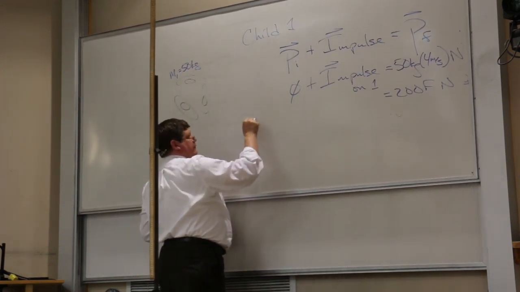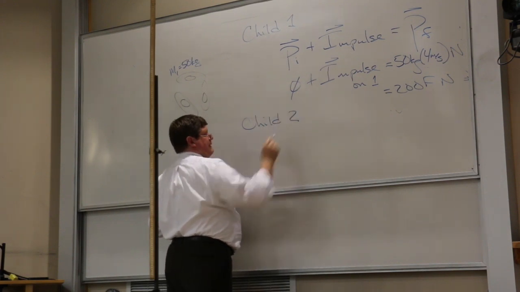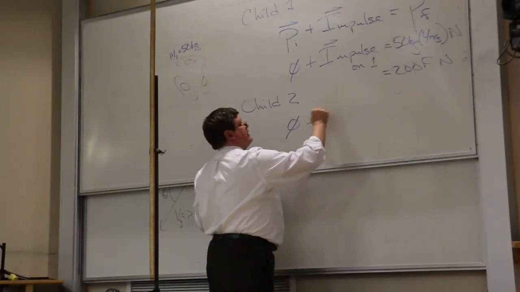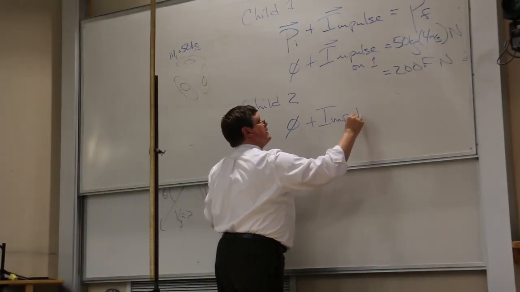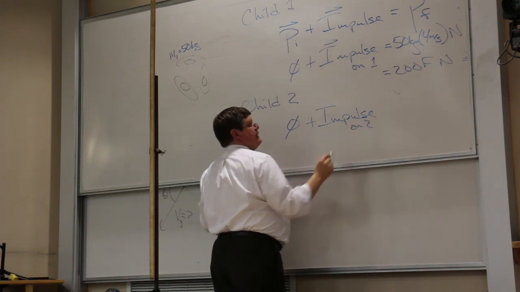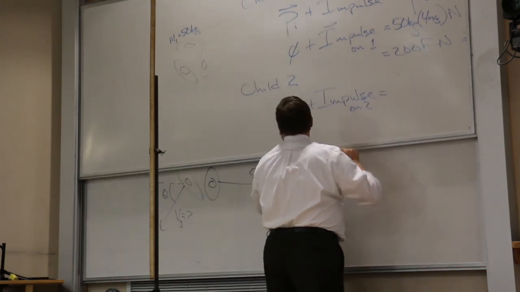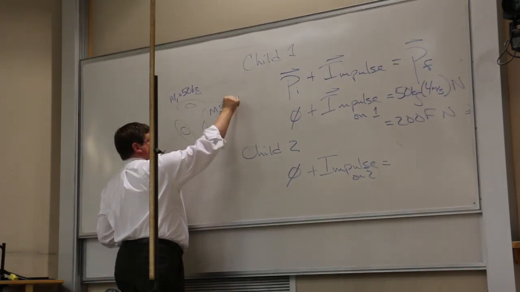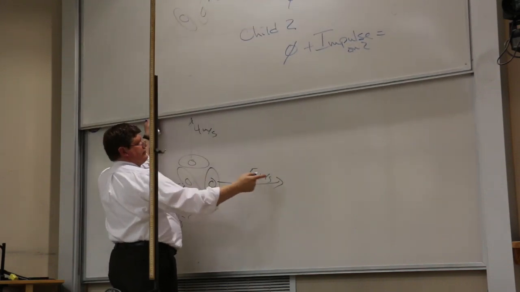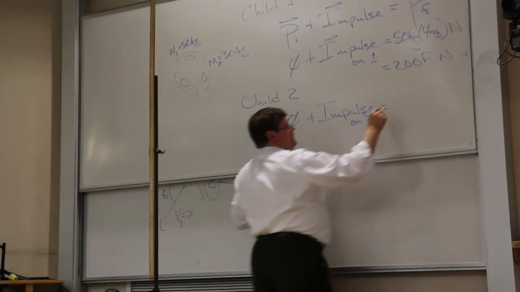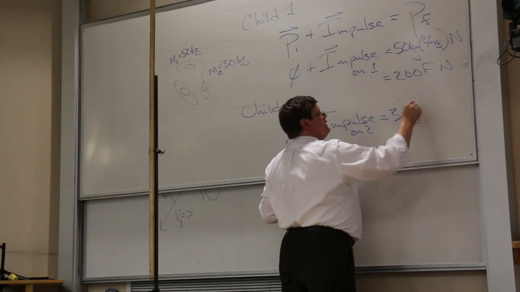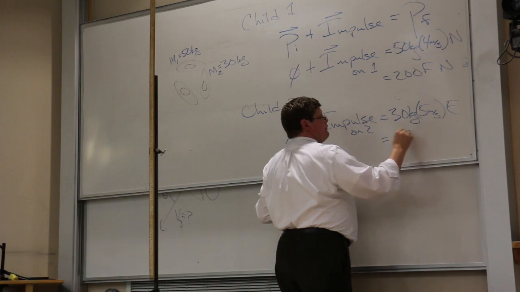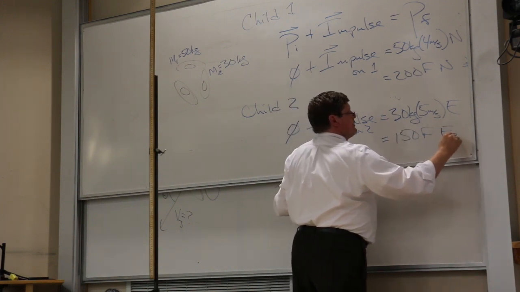Now if I do the same thing for child 2, she starts with 0 momentum, and then there's an impulse on child 2, and after the impulse, she has a mass of 30 kilograms. After she pushes, she's going 5 meters per second, so that's going to be 30 kilograms times 5 meters per second east, or 150 franci east.